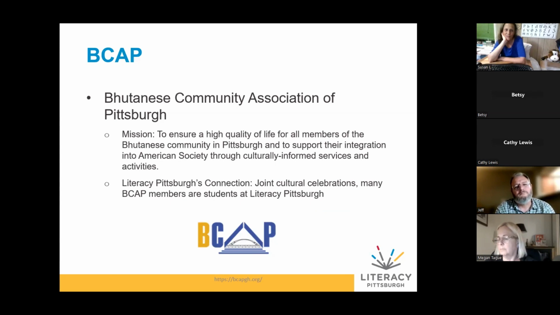And many BCAP members are also students at Literacy Pittsburgh. So there's a lot that goes on between Literacy Pittsburgh and BCAP. Even just having students and the association referring their people to our programs, because they know that Literacy Pittsburgh will help students have a higher quality of life and integrate into society, into Pittsburgh and American society.